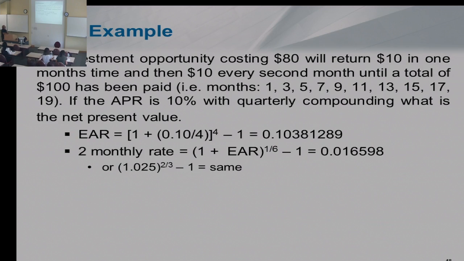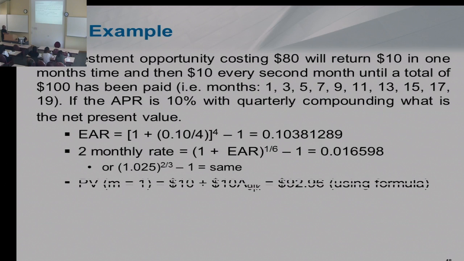What point in time will I pick? Well, I've decided to value this at month 1. So at month 1, I get $100, and then at month 1 starts a 9-period annuity, because after month 1, every 2 months, there's a payment of $100.